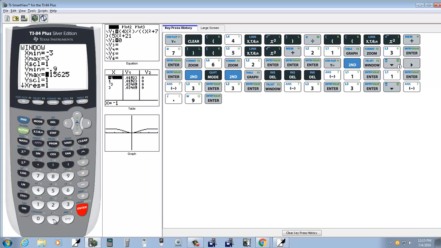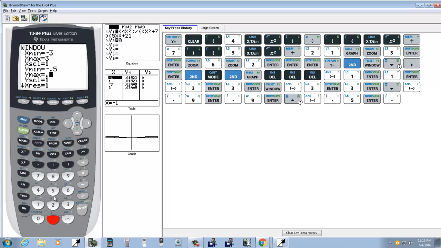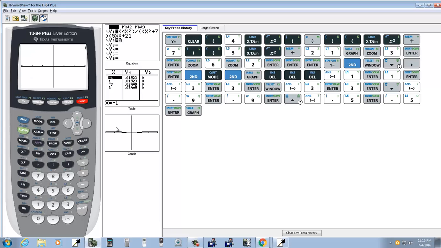Just guessing, and then 0.9 for the max. Actually, looks like I can see it a little bit better the other way. Let's set this to -0.5, and put in 0.5 there. Then if I press graph, I can see it a little bit.